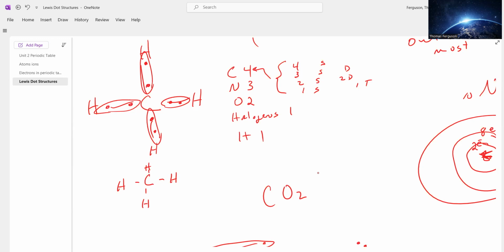Wait, would it be 14 electrons since there's 2 of them? That's right. So it's a total number of valence electrons, and you just count them up. Okay, so it's got 3 pairs and a single.